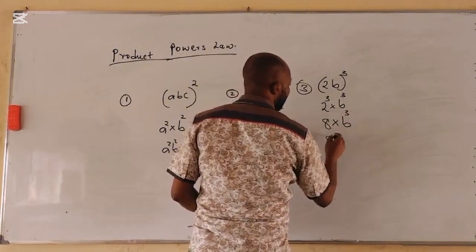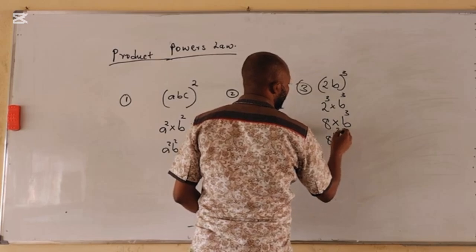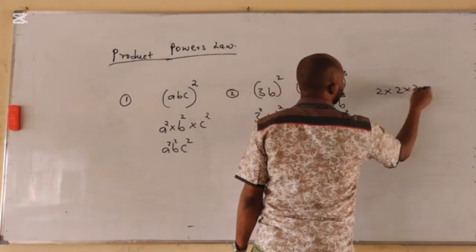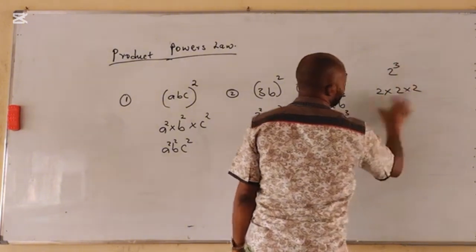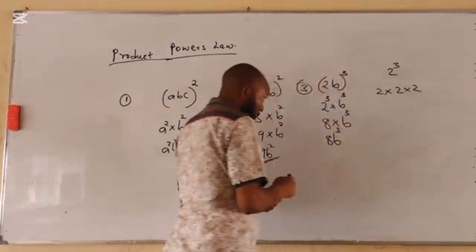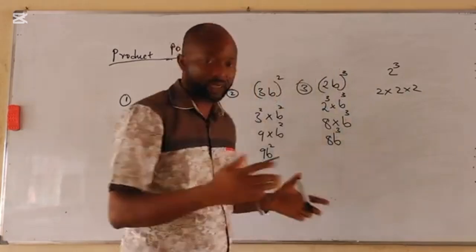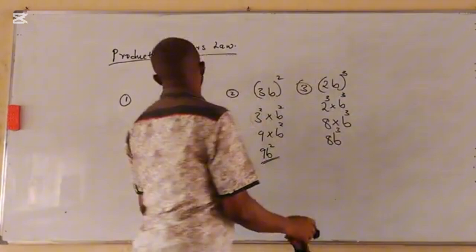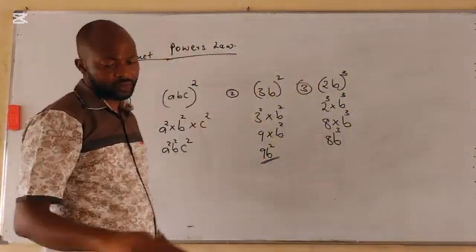This is 8b cubed. Now 2 raised to the power 3 is 8, being that 2 times 2 times 2, which is 2 raised to the power 3. 2 times 2 is 4, 4 times 2 is 8. So 2 raised to the power 3 is 8 at all times. So this is the product power law.